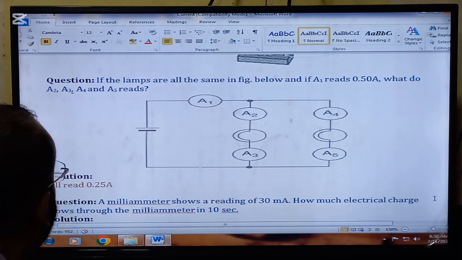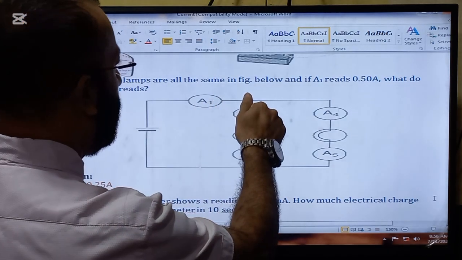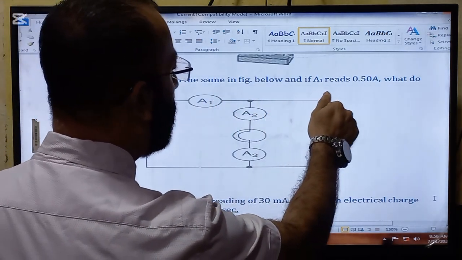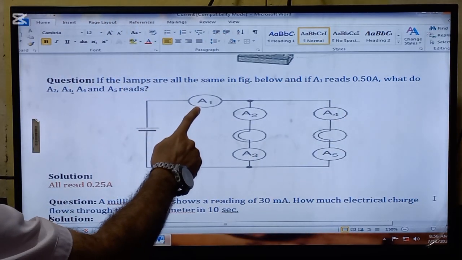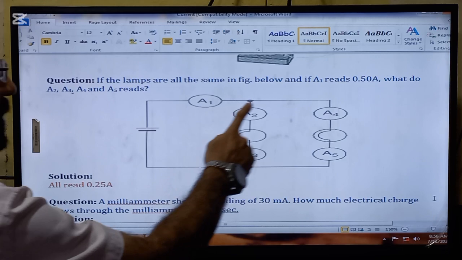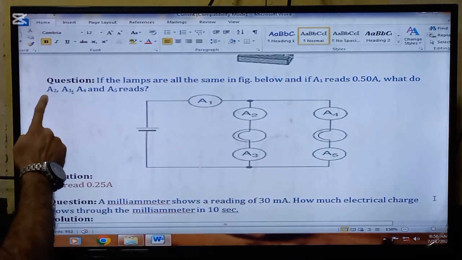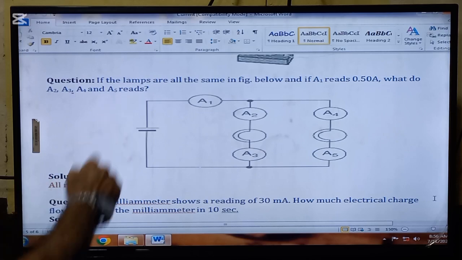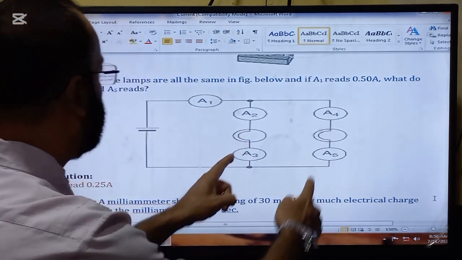Here is a question. If the lamps are all the same in the figure below, and if A1 reads 0.50, so this is the reading in this ammeter, 0.50 ampere. What do A2, A3, A4 and A5 read? So look now, these are in parallel.